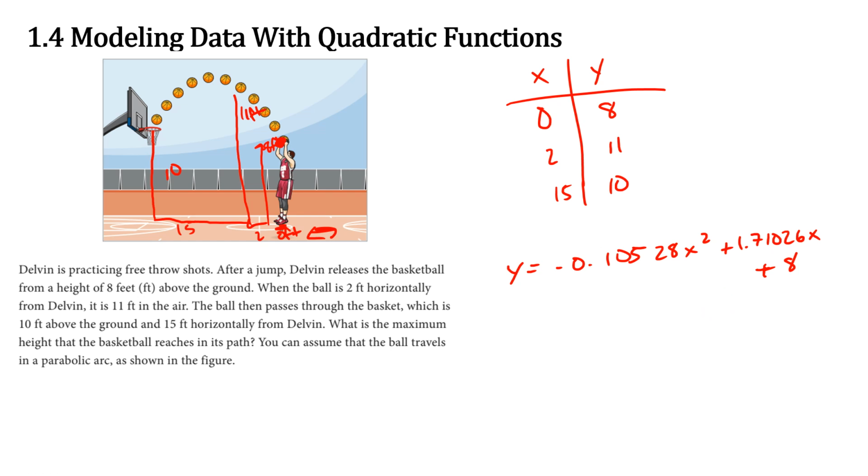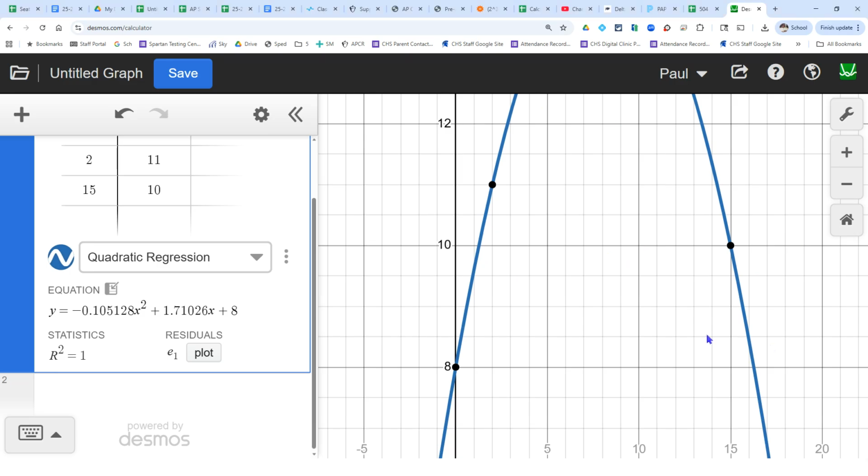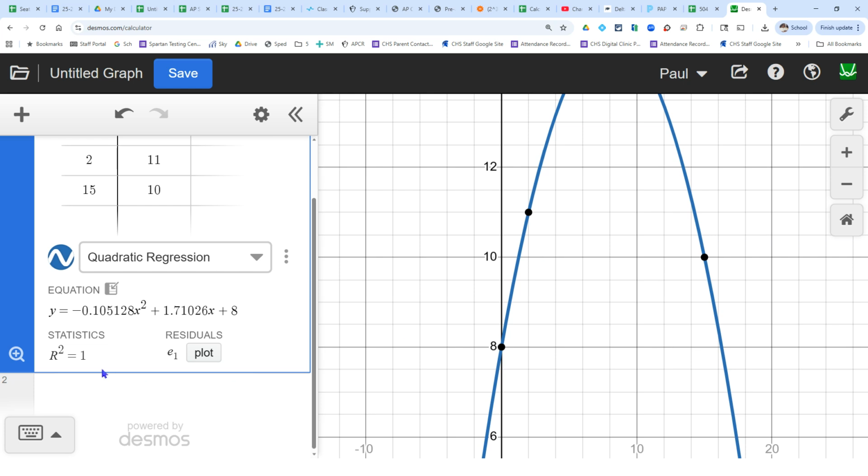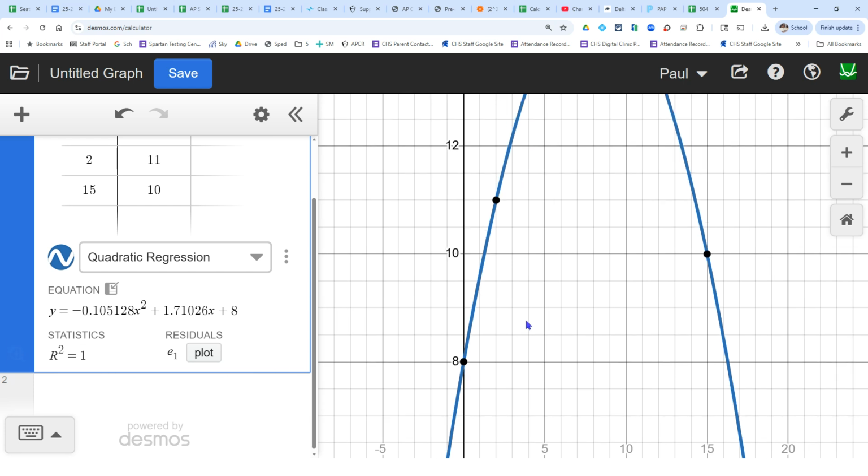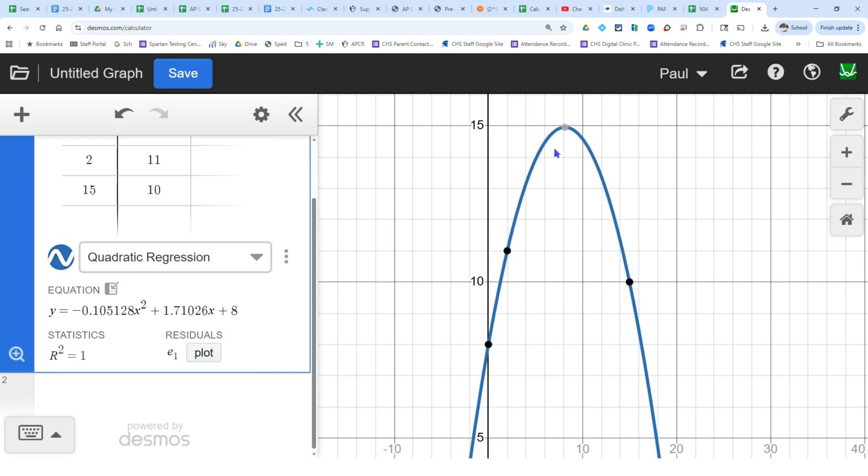And all you do with that is zoom out. We're looking for the maximum height. So when the ball is about 8 feet horizontally, we get about 15 feet maximum height, because this is the horizontal distance, this is the vertical distance. So you just find the maximum of it, and that's your answer.